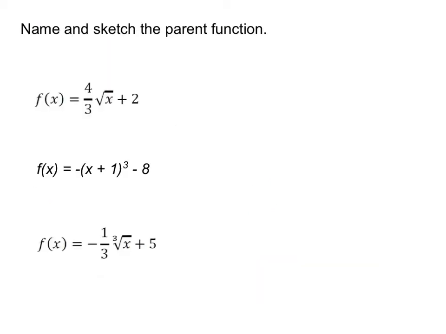Okay, so now that you have all the basics, here's what we're going to do. We're going to name and sketch the parent function, as well as create the table of values using the x table of values. So you're going to take a look at the function and see what is happening with it. This happens to be a square root, therefore it is part of the square root family of functions.